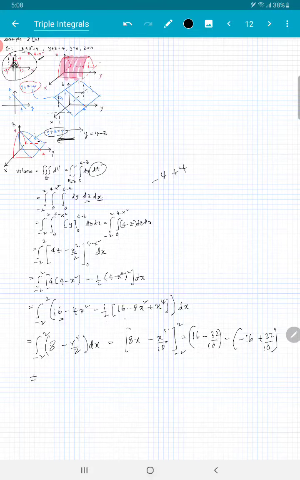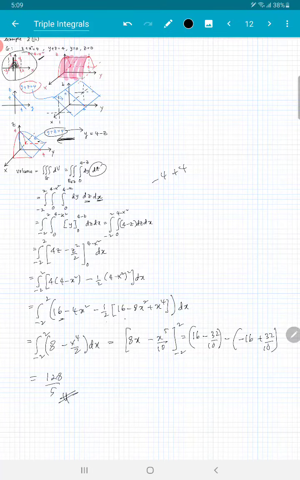Let me get my calculator. So we have 16 plus 16, which is 32, and then minus 64 over 10. Then we get 128 over 5. So that is the volume of our solid.